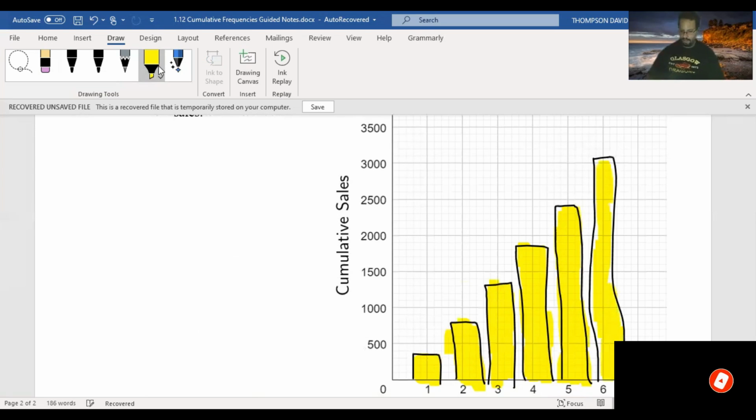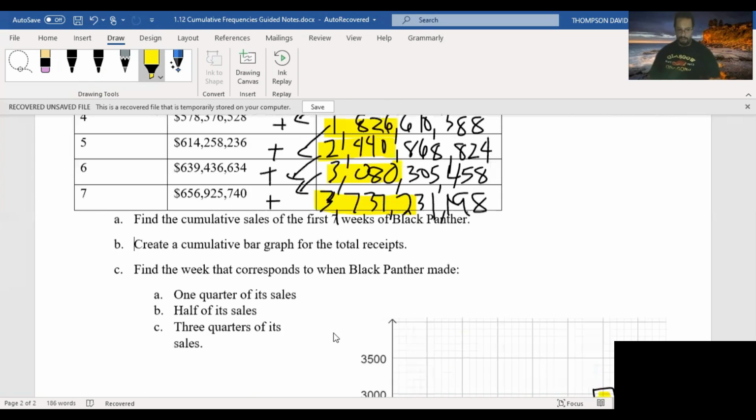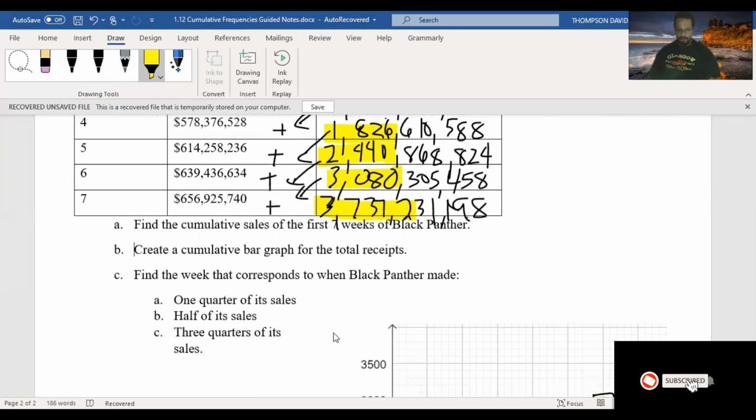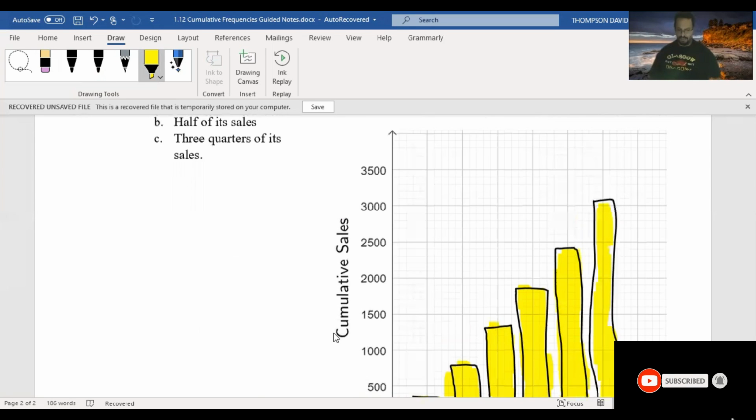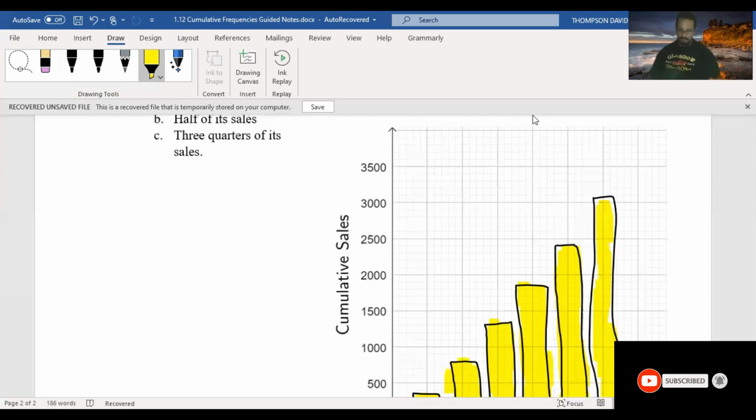And then the last bar would be 3,737 million for week 7, so just above the 3,500.